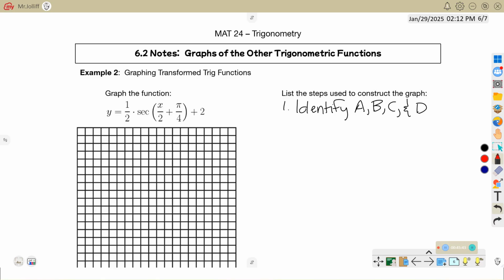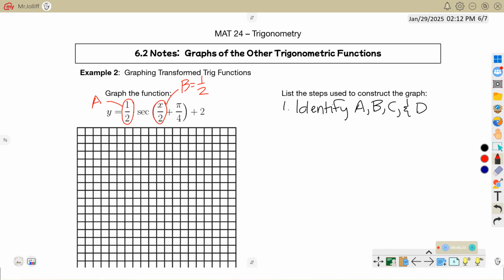For the function in our example, Lonnie, what is my A? 1/2. I agree. Instinct is good. Very good. A is the number in front of the trig function. Sam, what's my B? One over two. Yeah, good. We know the x is here, but the x doesn't come along for the ride. Good. B is 1/2. Perfect.